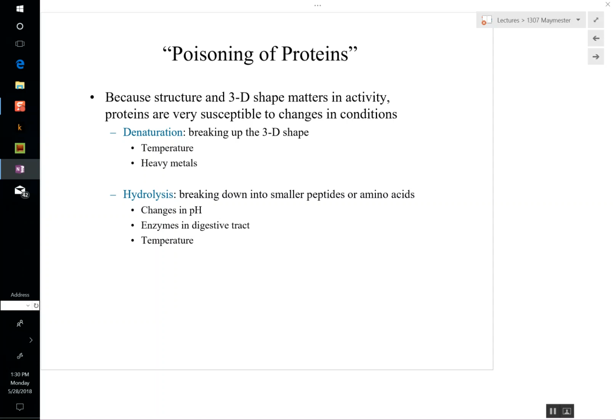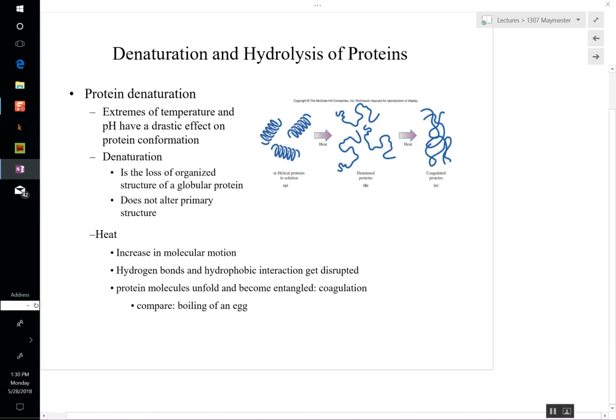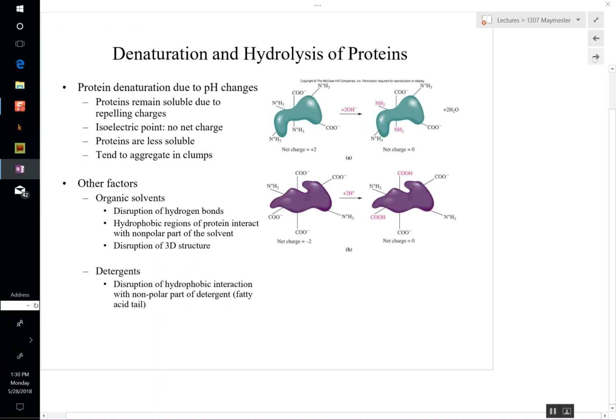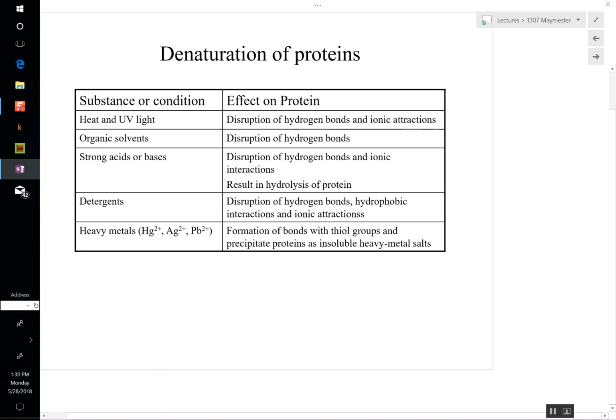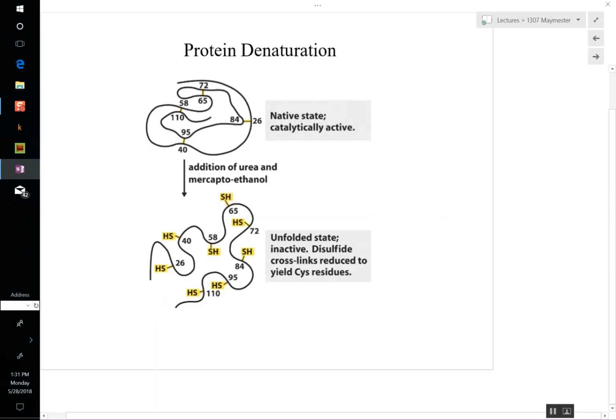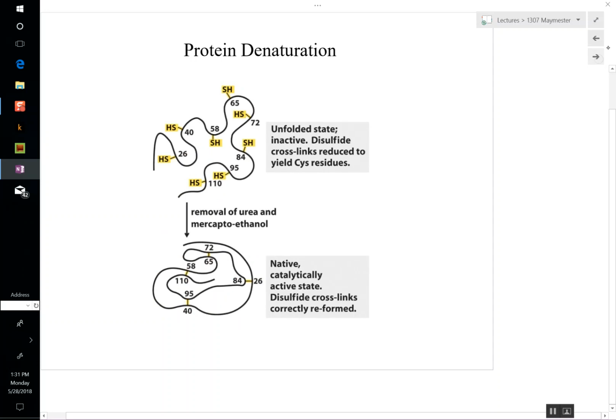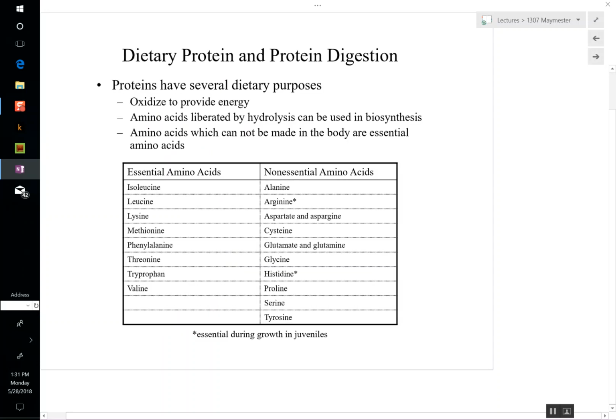And then you scramble it and eat it. You can denature things with temperatures, heavy metals, changing the pH. Okay, so you can kind of look at denaturization and how that works. There's the essential amino acids.